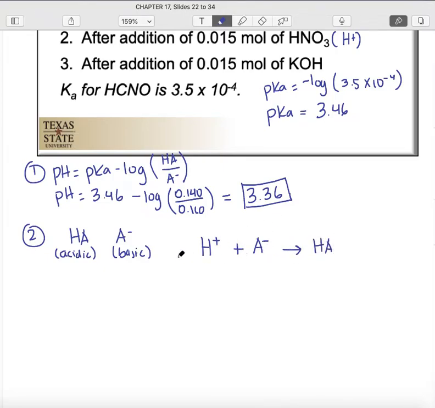This is the equation that I'm going to utilize to set up my ICE chart. The I stands for initial, so here we're going to put the number of moles initially. Remember that I said for the ICE chart, one of the important things is that we're going to use moles, not molarities.